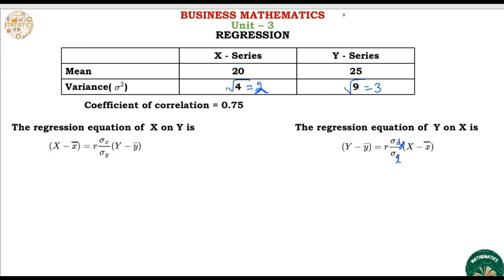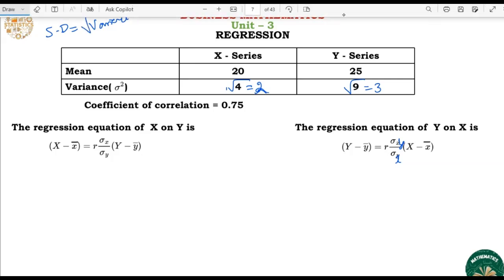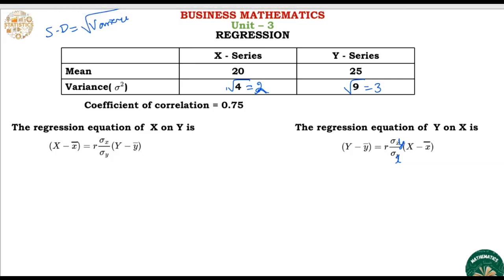So rho y will be 3. Standard deviation is nothing but the square root of variance. They've given the variance here, so we'll be finding the root to find rho x and rho y. This will be rho x and this will be rho y. So we have the values.